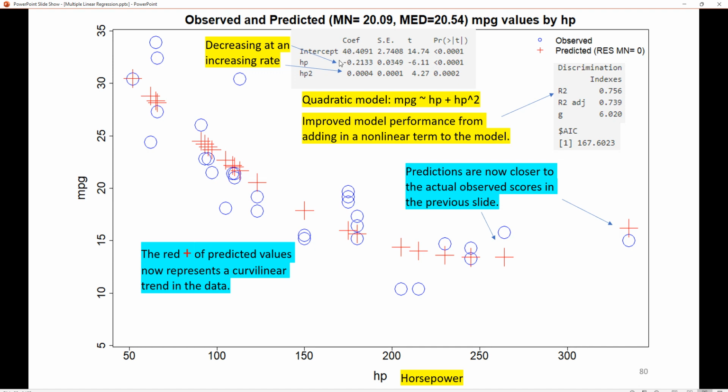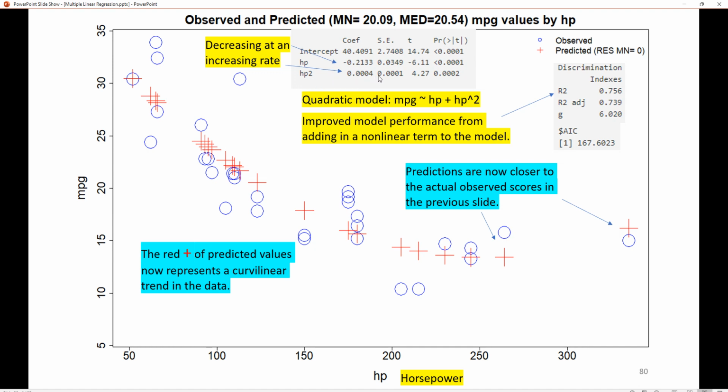So just from these model results, we can say that it's decreasing at an increasing rate. So we'd expect kind of a steep drop initially, but as we look at higher horsepower values, we should begin to see that trend come back up.